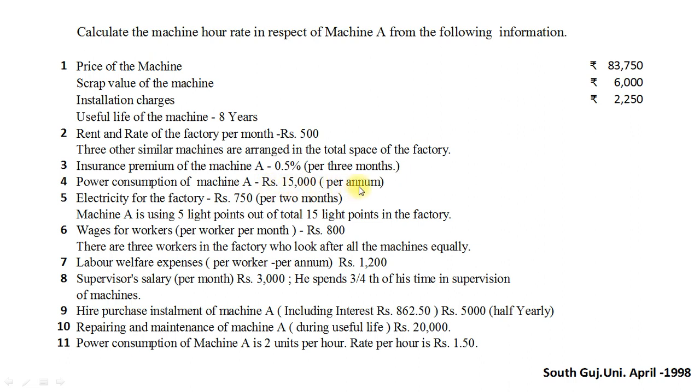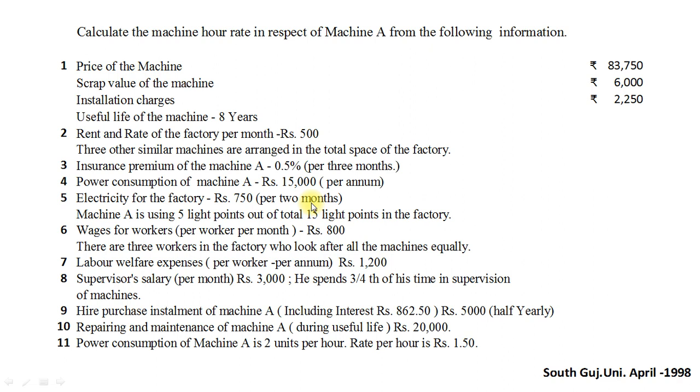This is readily available. Electricity for factory rupees 750 per 2 months. So 750 multiply by 6 is equal to rupees 4,500. Electricity for the factory per annum rupees 4,500.